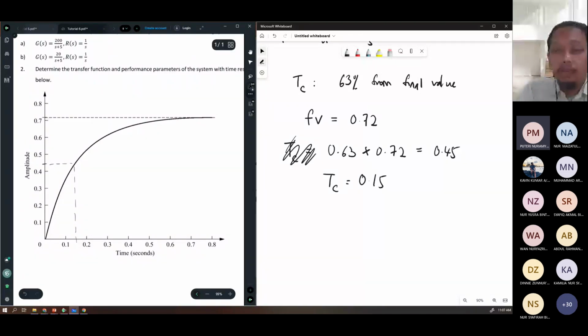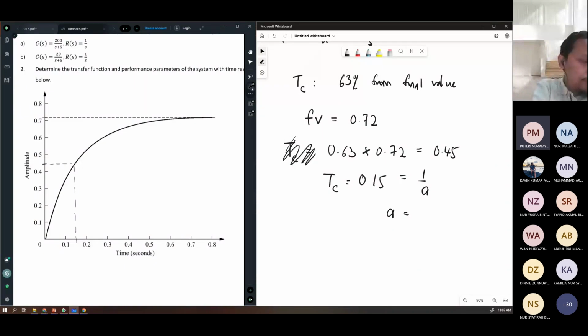Then from here, you can determine the pole. Time constant equals 1 over A. So the pole A equals 1 over 0.15, sorry, I made a mistake.